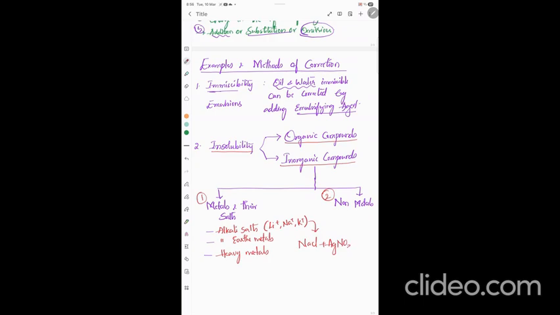When sodium chloride is combined with silver nitrate, it gives silver chloride plus sodium nitrate. The sodium salts are soluble, however the silver chloride that is formed is a white precipitate. That means it is not able to dissolve properly.